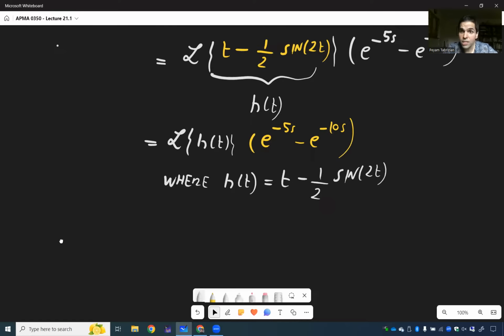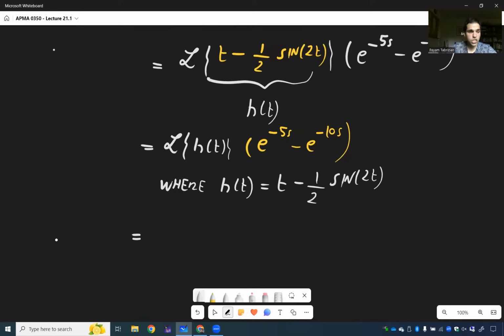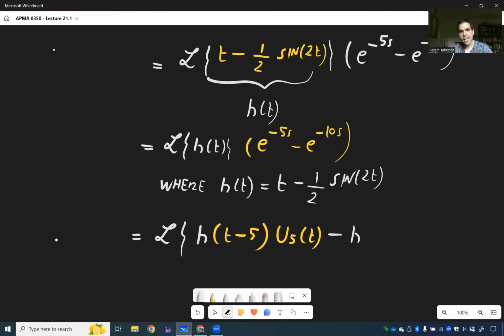And remember what the exponential terms do? They shift and jump. So this is L of h of t minus 5, shift and jump, so u5 of t, and then minus h of t minus 10, u10 of t.